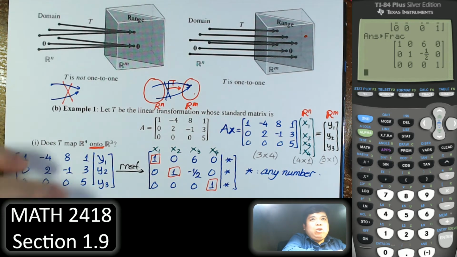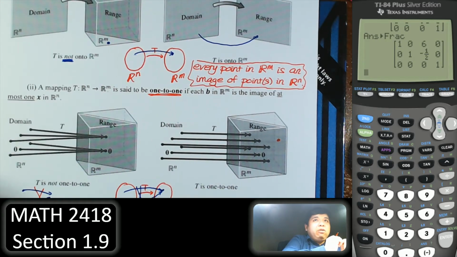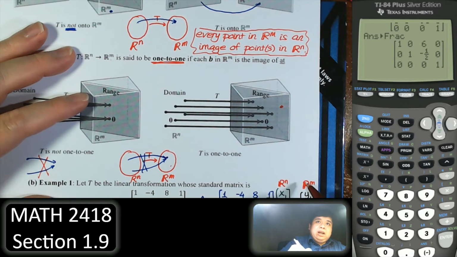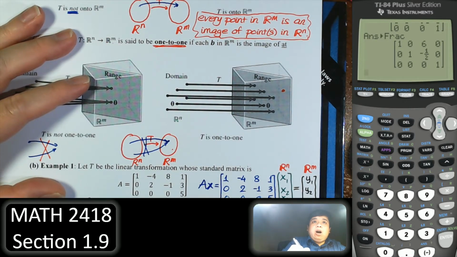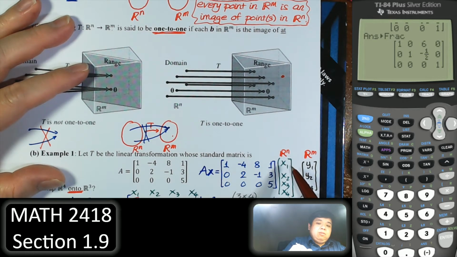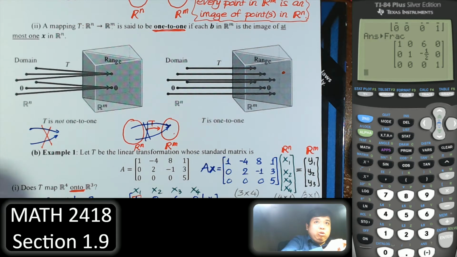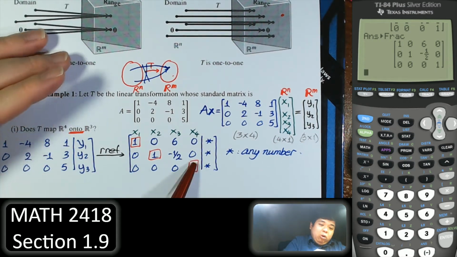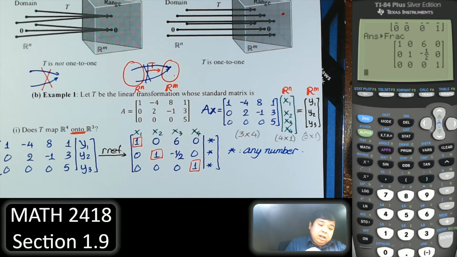Right. So let's go back to the definition one last time. Every point in Rm, there will be a point in Rn. There will be a solution. If it is the case, it will be onto. Now, when we look at this matrix in this state, we say that this one has a solution. It may not be unique because there are free variables, but that doesn't matter. The system has a solution, or we say the system is consistent.